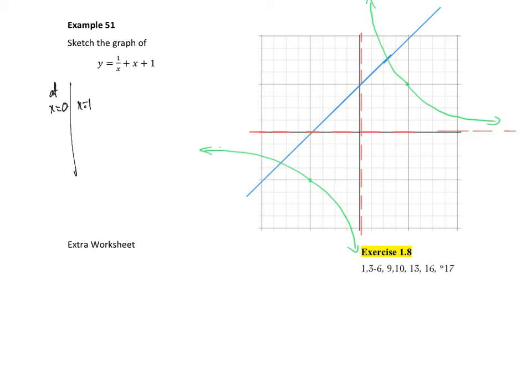So at x equal to 1, 1 on x is equal to 1, plus x plus 1, which is equal to 2. So that's the point 1, 1. That's the point 1, 2. So if I add those 2 points together, I add the y values together, and I'll get the point 1, 3.